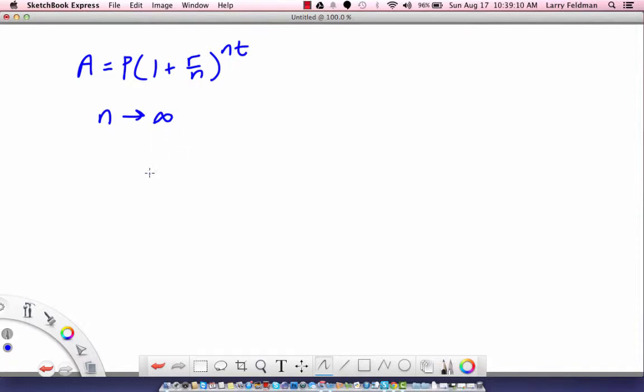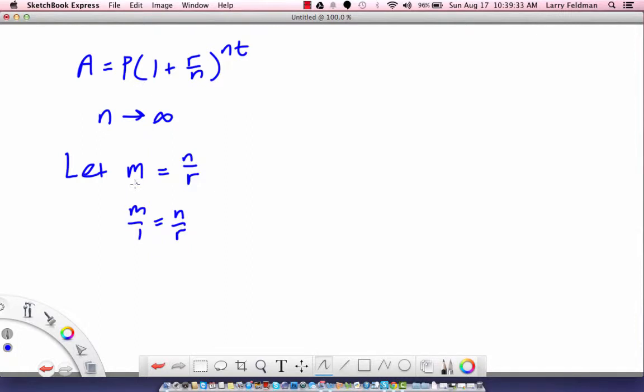Well, there is actually a formula for this, and I'm going to derive that by using a new variable. We're going to let m equal n over r, and this is the same thing as m over 1 equals n over r.